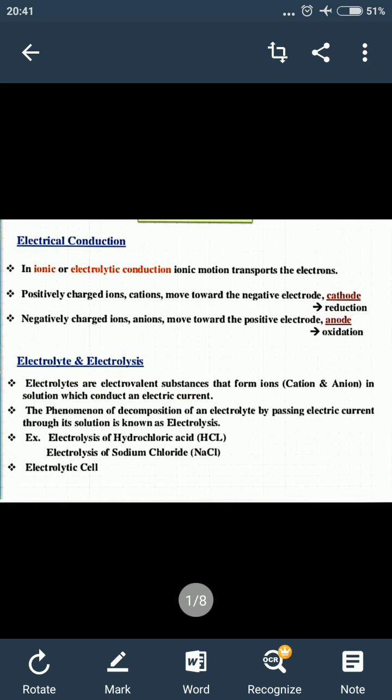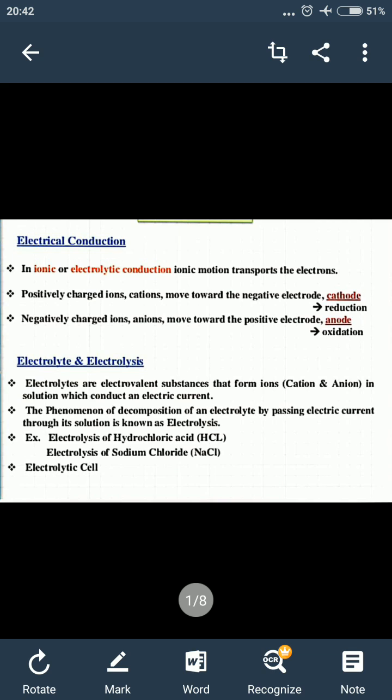Electrolytes are electrovalent substances that form ions. Those substances which form ions, that is cations and anions, in the solution are known as electrolytes, and they conduct the electric current.